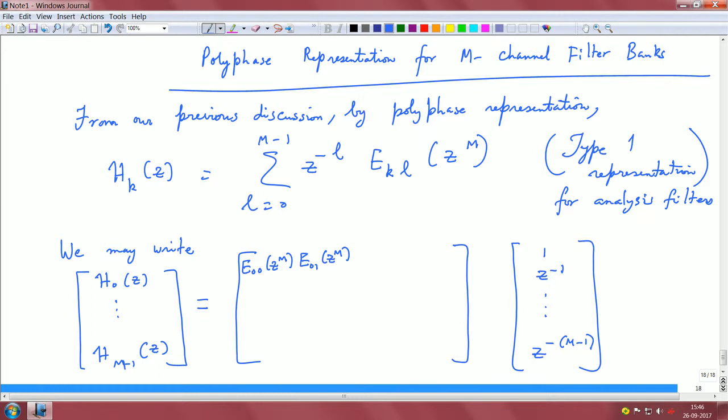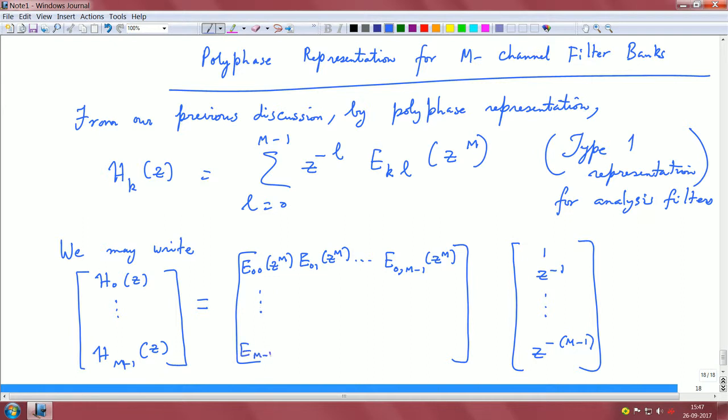When you stack all the analysis filters as a column vector, you can write this in matrix form. So, you have dot dot dot here E 0 M minus 1 of Z power M, and so on.